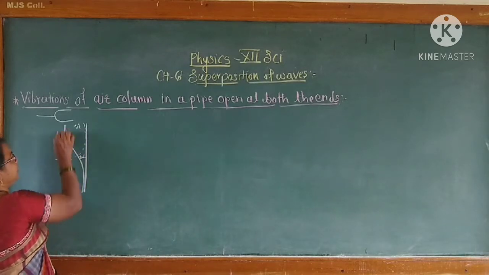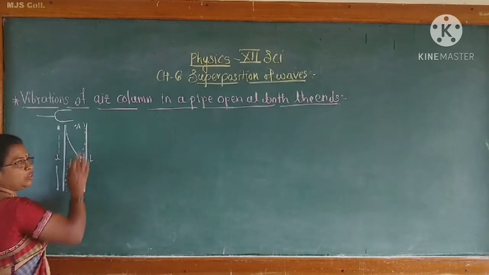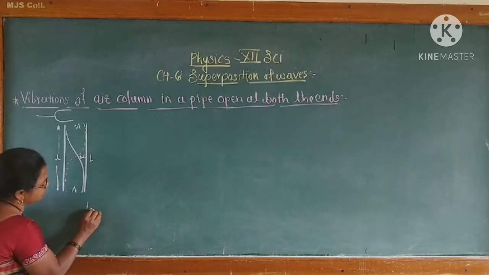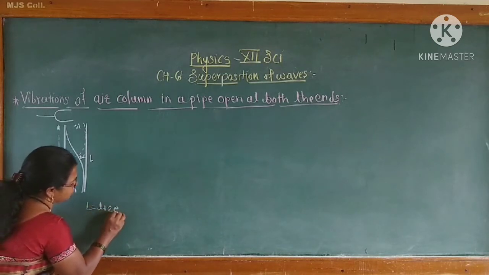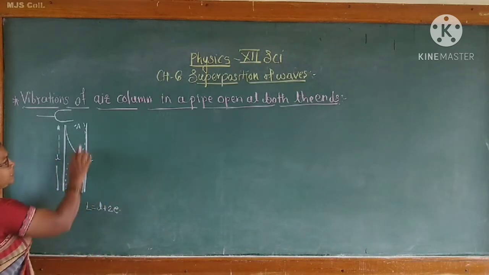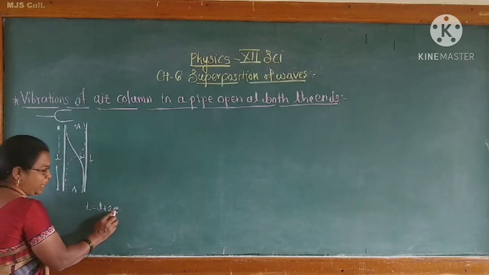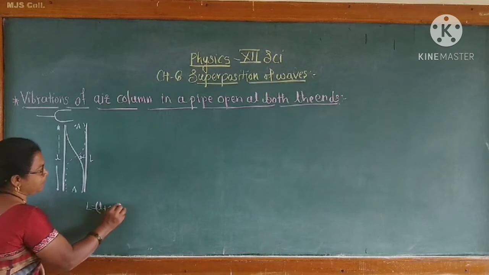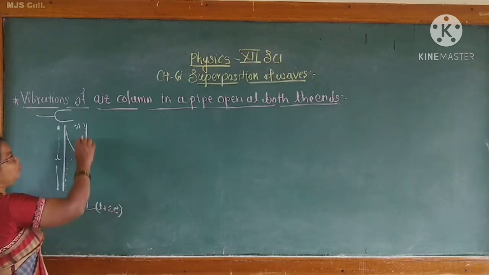Capital L is the length of this tube, which is equal to small l plus 2 into end correction, since there are two open ends, because of that 2 into end correction. Therefore, capital L is equal to l plus 2e.